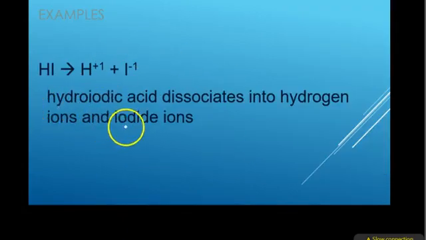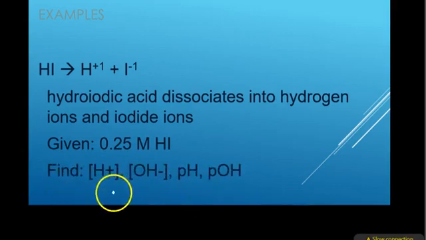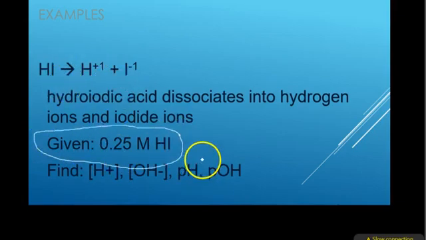All right. Hydroiodic acid dissociates into hydrogen ions and iodide ions. Then the question says, given 0.25 molar HI, calculate the remaining pieces: the hydrogen ion concentration, hydroxide concentration, the pH, and the pOH. The first question to ask yourself is, is this a strong or a weak acid?